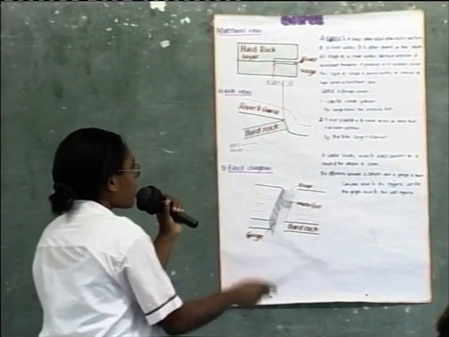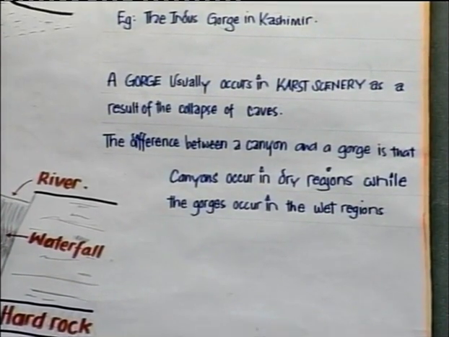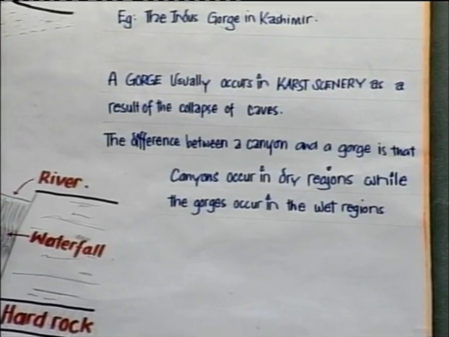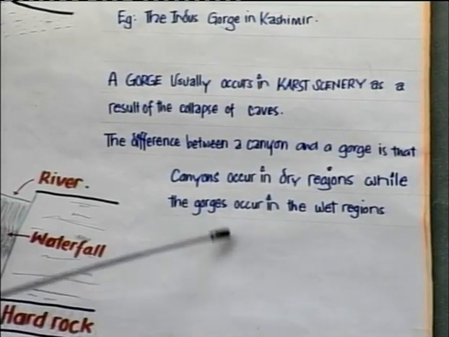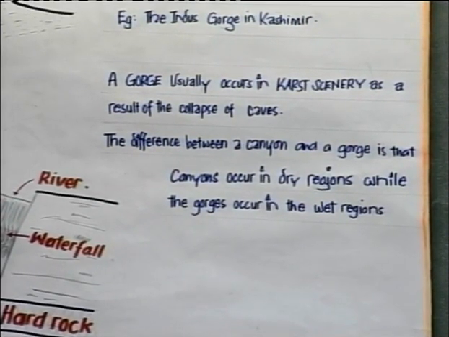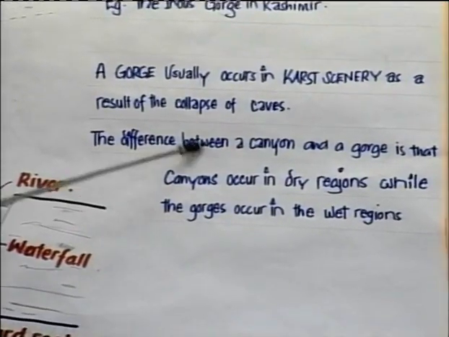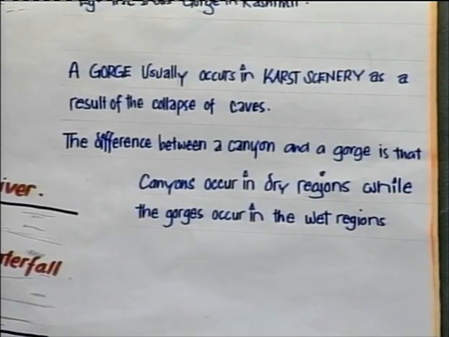A gorge usually occurs in karst scenery as a result of the collapse of caves. The difference between a canyon and a gorge is that canyons occur in dry regions, while gorges occur in wet regions. Okay, like I said, in the collapse of caves, you may be wondering how this happens.